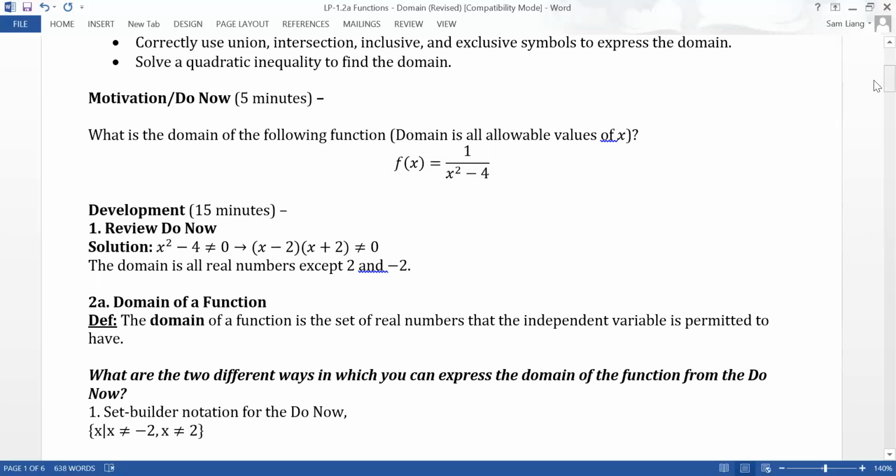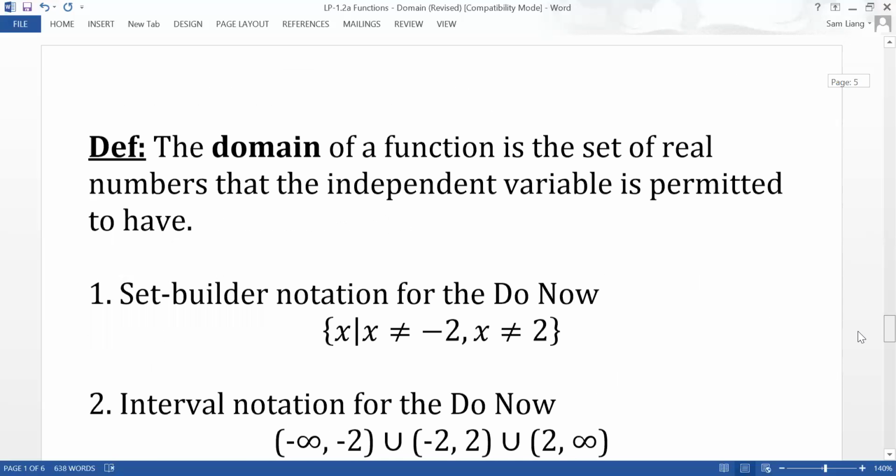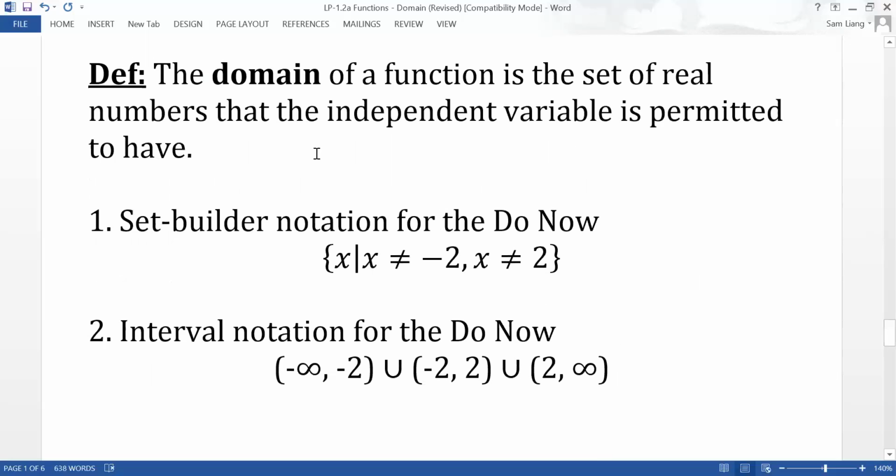All right, let me jump to the definition for today. The domain of a function is a set of real numbers that the independent variable is permitted to have. So note that we don't include imaginary numbers, or in other words, complex numbers. For domain, we strictly talk about real numbers.